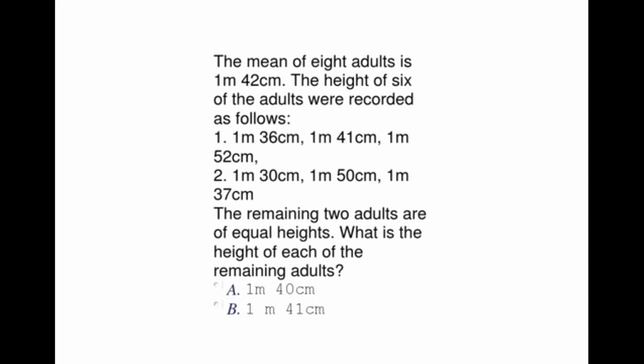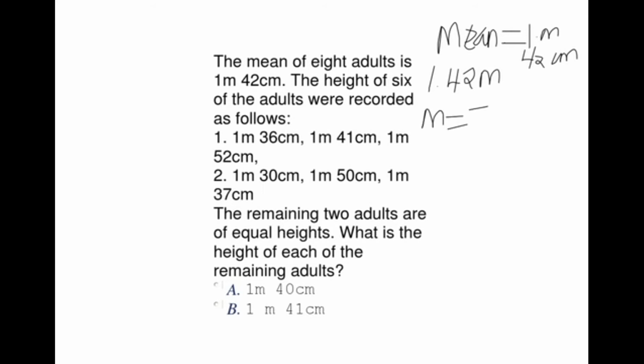So we are told the mean equals 1 meter 42 centimeters. This is the same as 1.42 meters. So we know that the mean is given by the total height divided by the number of adults.